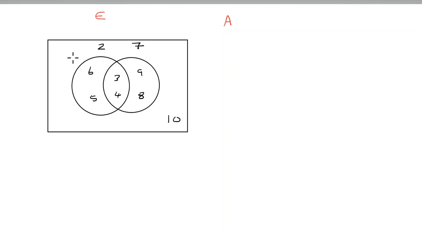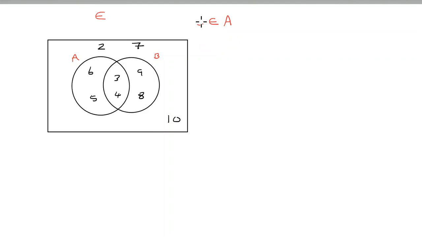So this is A, and then this is B. So you could say, for example, that 6 is an element of A. So that's just a symbol that means element. It's something that's important that you need to know in relation to sets.